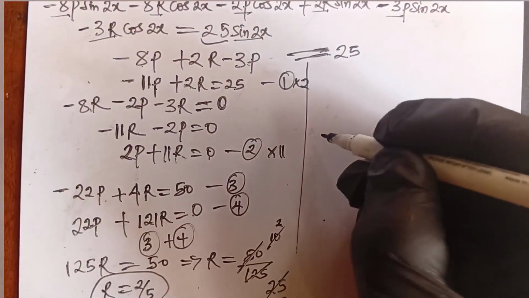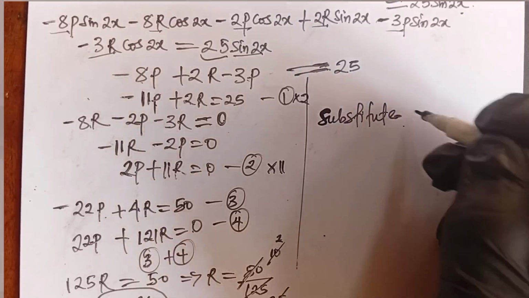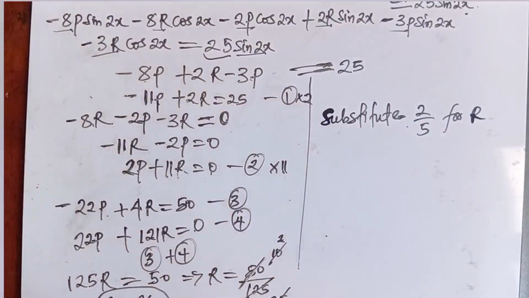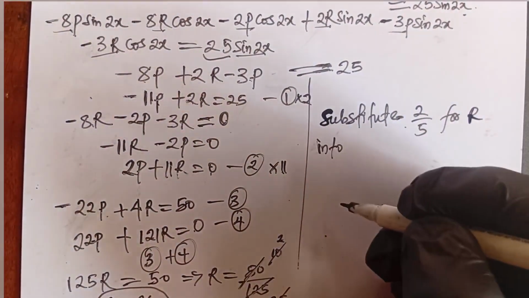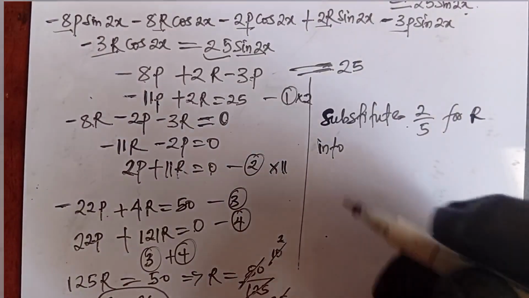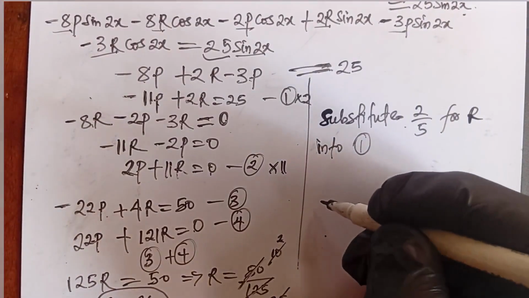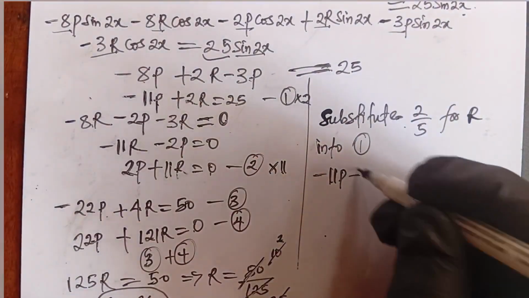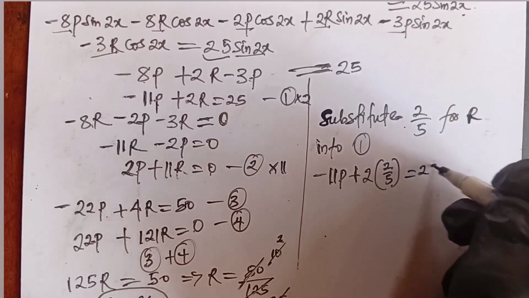For the value of p, I'm going to substitute 2 over 5 for r into any of the equations, equation 1, 2, 3, or 4. Let's use equation 1. Minus 11p from equation 1 now, minus 11p plus 2 times r, which is 2 over 5, is equal to 25.